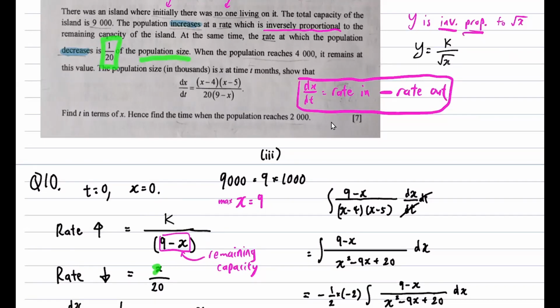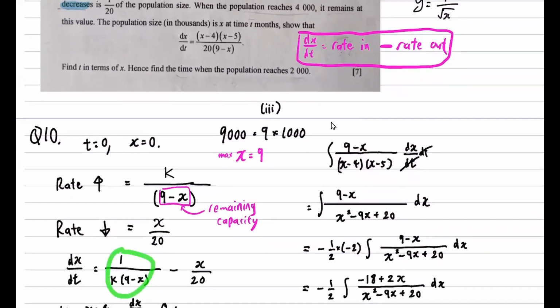So you just take the population size, divide by 20. Okay? x over 20. Good. So now you just want to get the total rate, dx by dt. You just take rate in minus rate out, or rate increase minus rate decrease. So it will just be k over 9 minus x minus x over 20. Okay?